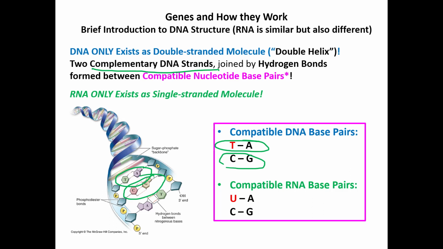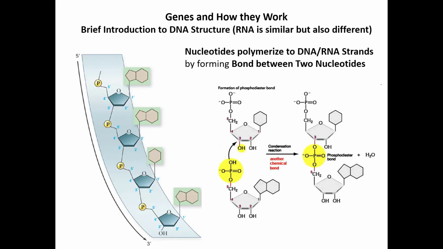So it's important also in RNA that this base pairing happens, even if RNA is always only present as a single strand molecule. We'll see in a moment how that is important when it comes to the synthesis of proteins from individual amino acids. That's where we need also in the RNA world this compatible base pairing.